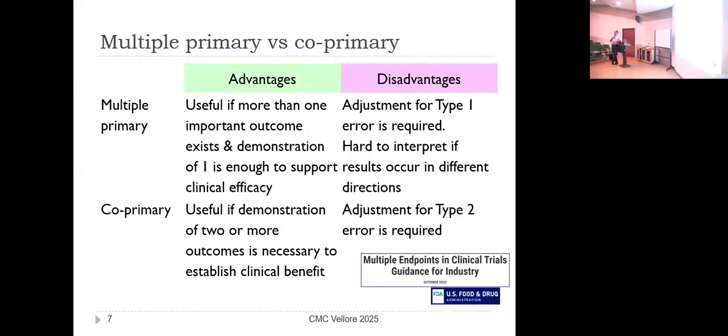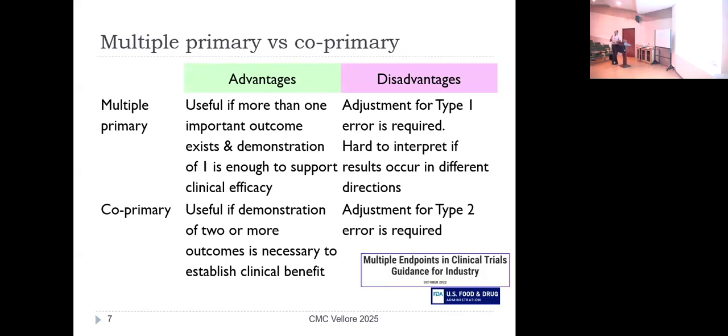So when I'm sharing my alpha, instead of sharing it equally at 0.025 for this one and 0.025 for the other, I really want this one, so I'll give it 0.04, and this one, unless it's very significant, I will do it. So then we can share it that way.